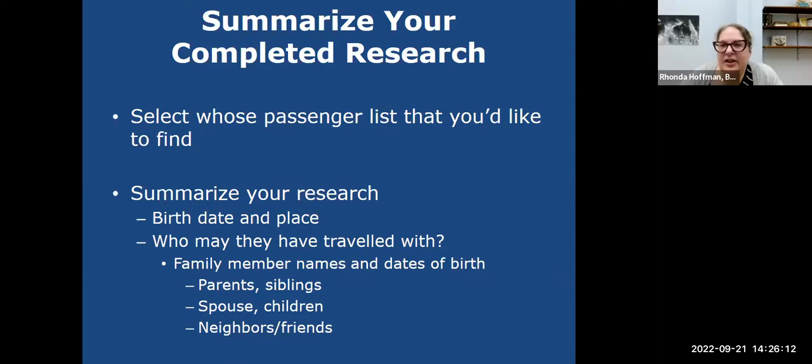Think about their birth date and place. We don't need a specific town, but just, what country did they come from? Who might they have traveled with? So family member names and their dates of births. So especially think of parents, siblings, spouses, children, neighbors, or friends.